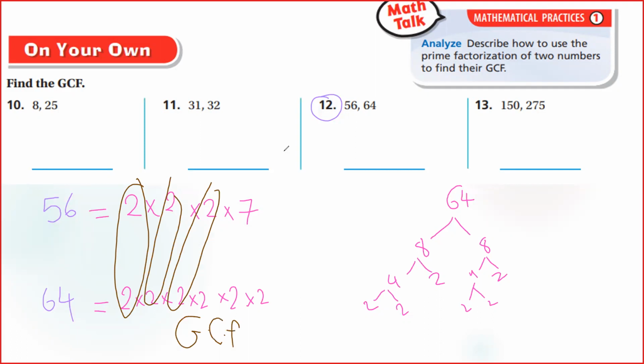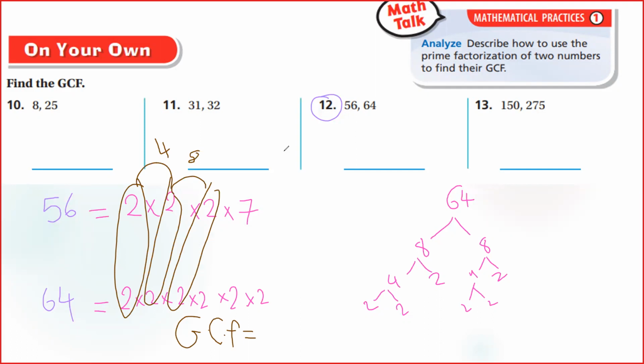The greatest common factor is 2 times 2 times 2, which is 8.